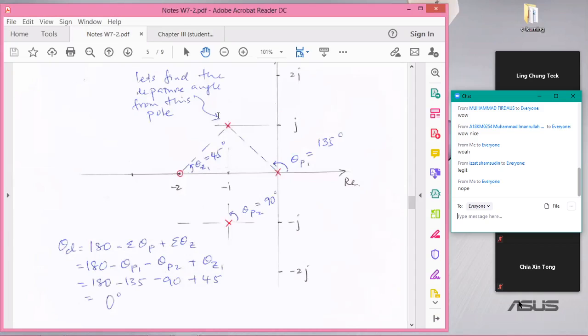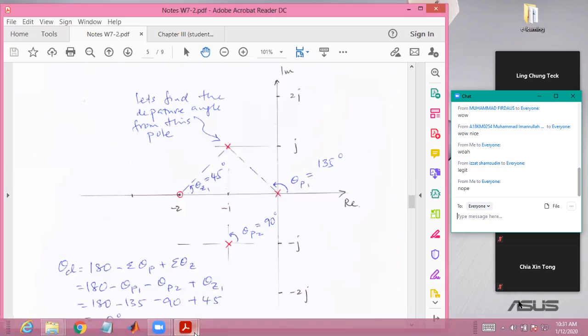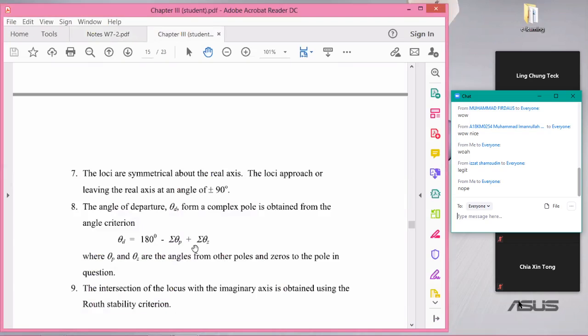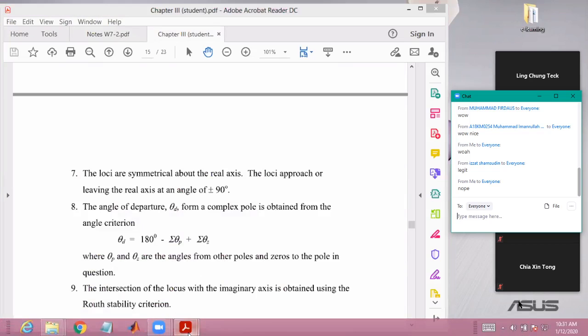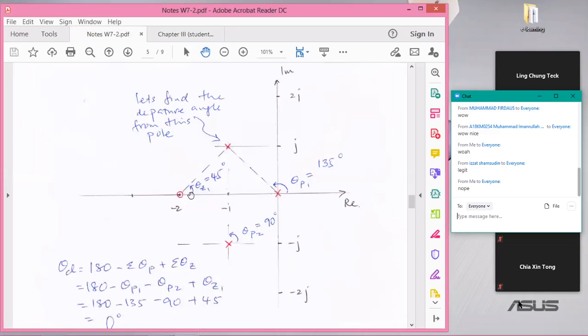Let's say we want to find the departure angle from our first pole. So we have two other poles, so you need to compute the angle from the other poles. We have theta P1 here, 135, and theta P2 is equal to 90. And then we need to add the angle from the other zero. We have one other zero at -2, so that angle is 45 degrees.